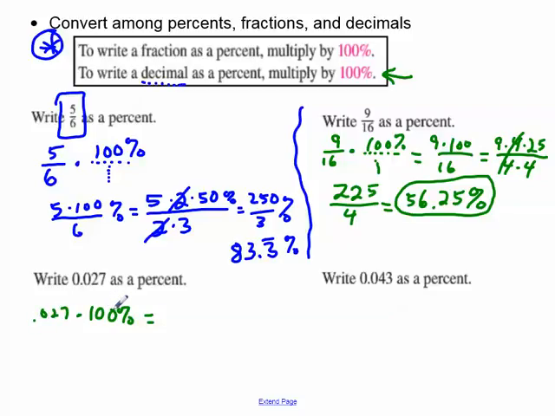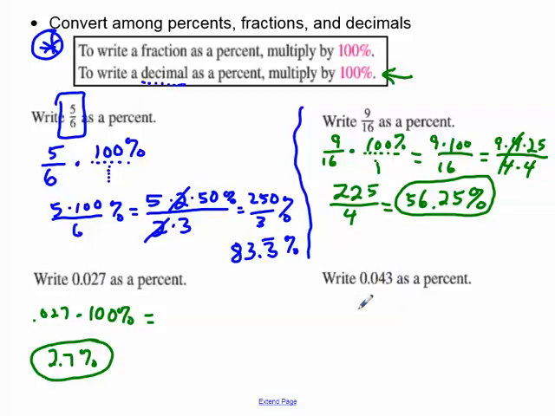I'm multiplying by 10 twice, or multiplying by 100, means I've got two zeros. I move the decimal point 2 spots. I got 2.7, and the percent comes down. 2.7% is 0.027 as a decimal.